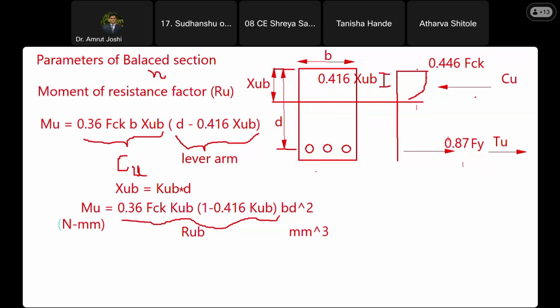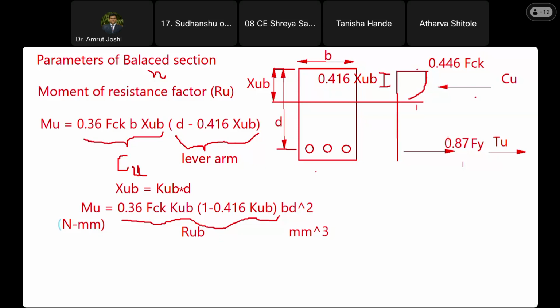So Newton mm will be the unit of RHS. Newton mm will be the unit of LHS. Therefore, in order to have dimensional homogeneity of these two sides, we must have RUB expressed in terms of Newton per mm square.